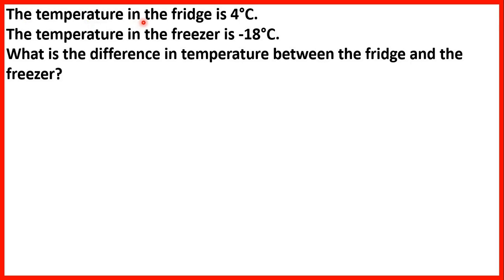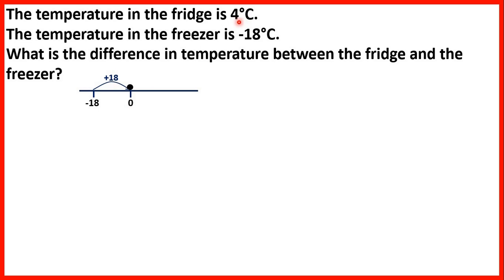The temperature in the fridge is 4 degrees. The temperature in the freezer is minus 18 degrees. What is the difference in temperature between the fridge and the freezer? So if we draw a number line, we know that the temperature in the freezer is minus 18. And from minus 18, we need to add 18 to get to 0.